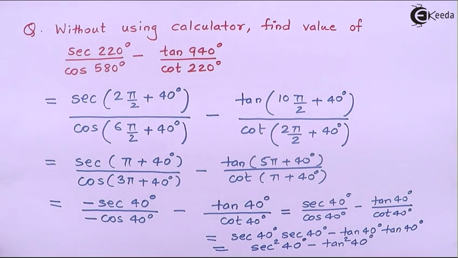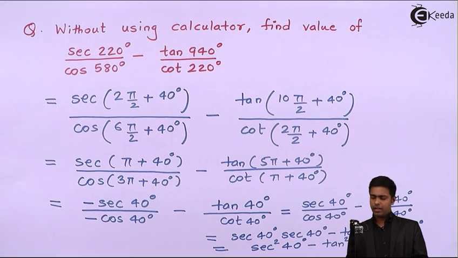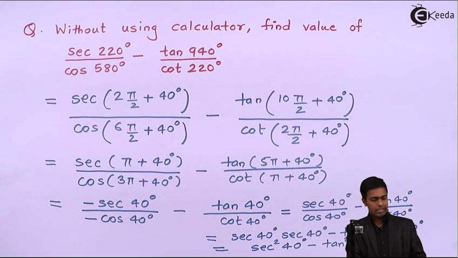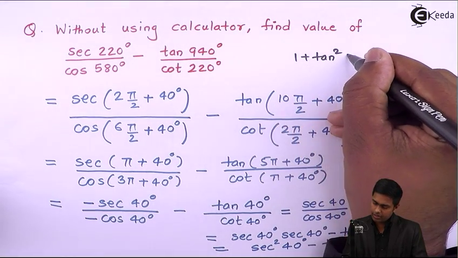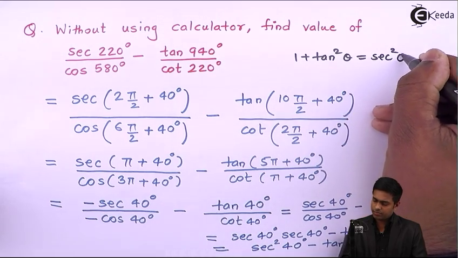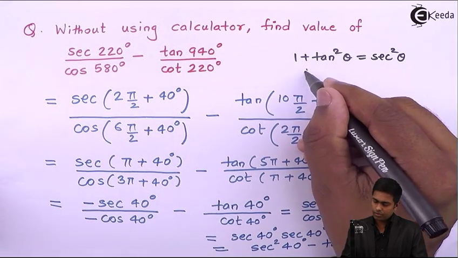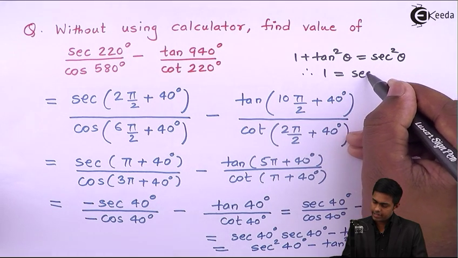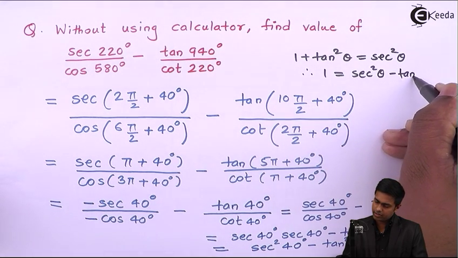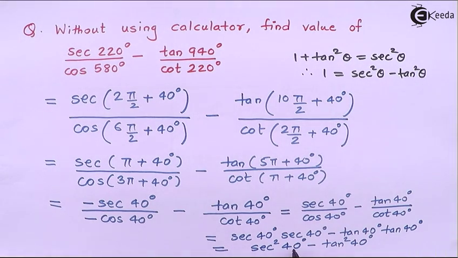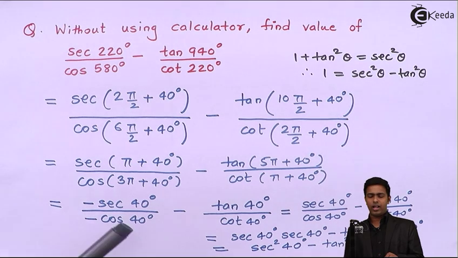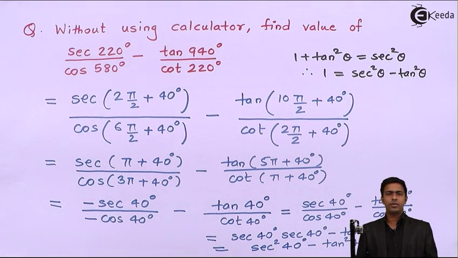Here theta is the same, that is 40 degree, and we have seen that 1 plus tan square theta is equal to sec square theta. Therefore 1 is equal to sec square theta minus tan square theta. We are getting the same format over here, sec square theta minus tan square theta, and we know that its value is equal to 1 by identity, and therefore the value of our function is equal to 1. Thank you.